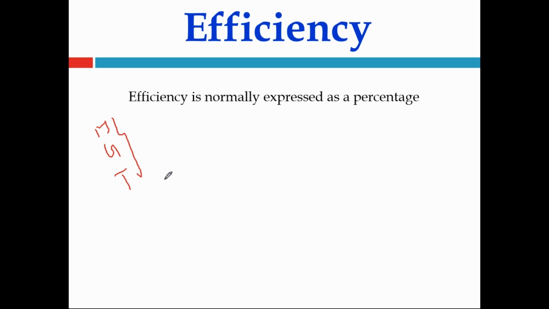Why does the transformer have the more efficiency? Is there any reason for this?